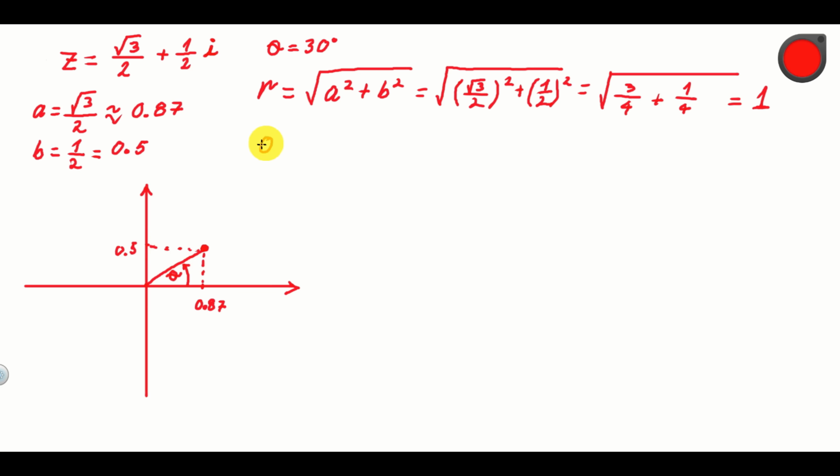How about theta? Angle theta is inverse tangent, or the arctan, of, let's see, imaginary over real.